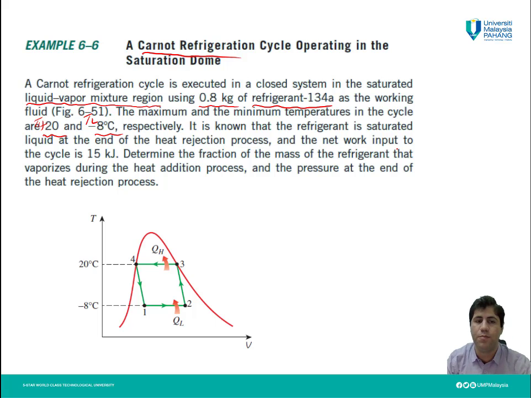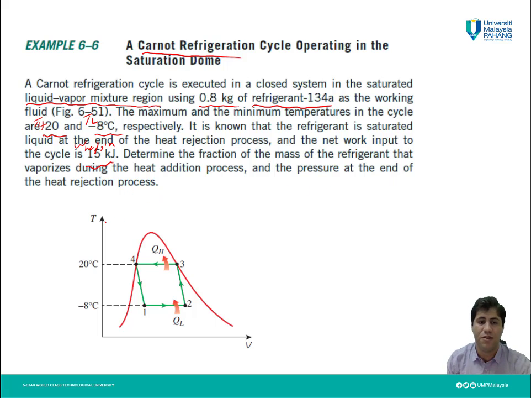And the net work input to the cycle is 15 kilojoule, or W net in, for this refrigerant. Determine the fraction of the mass of the refrigerant that vaporized during the heat addition process. And also we need to determine the pressure at the end of the heat rejection process.